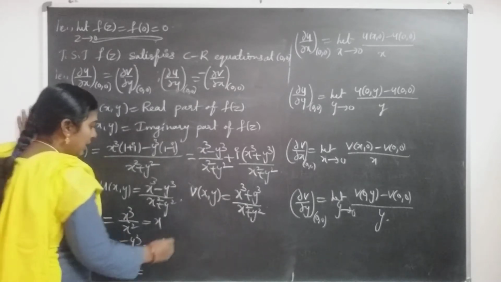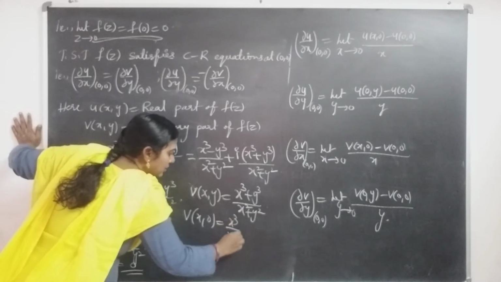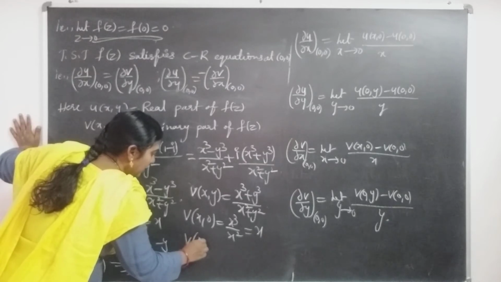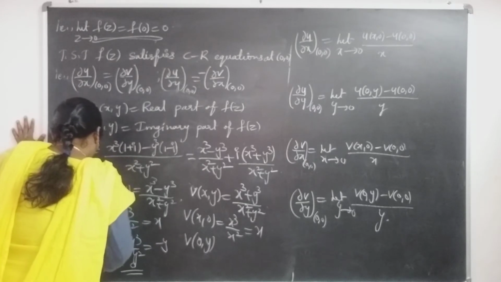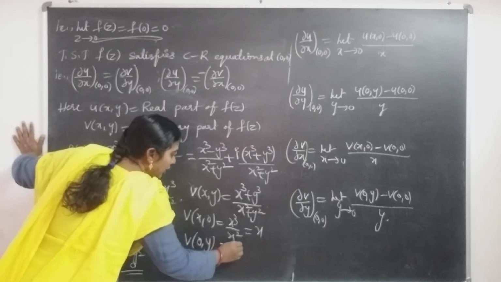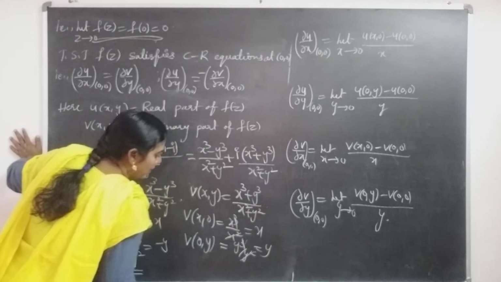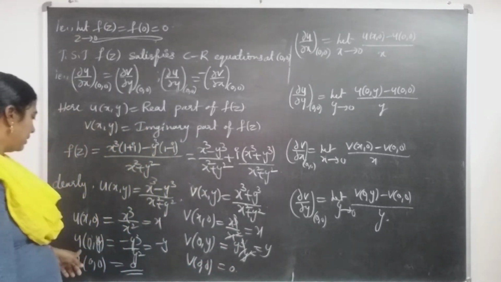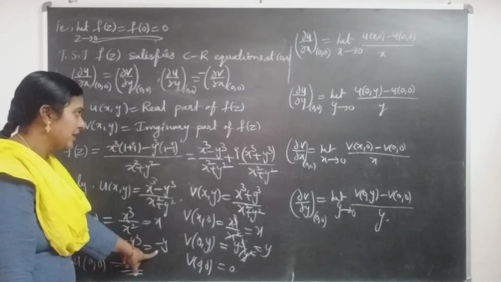In the same way, v of x comma 0 is x cube by x square, this is equal to x. v of 0 comma y equal to y cube by y square, it is equal to y. v of 0 comma 0 equal to 0.